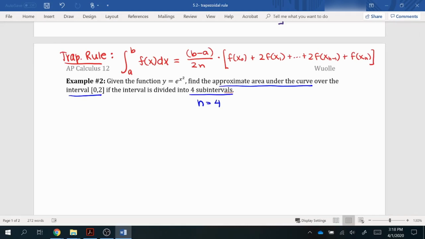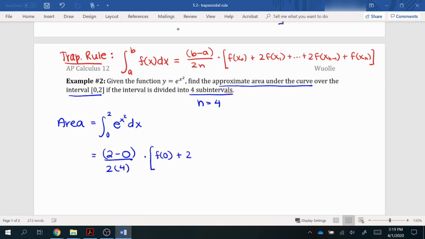That means that my area, which I know is an integral, which we can find using other methods, but specifically we want to use the trapezoidal rule because in AP they can ask you to use a specific method. This is the same as saying b minus a, which is 2 minus 0, over 2n, n is 4, times f of x0, which is f of 0, plus 2 f of x1.